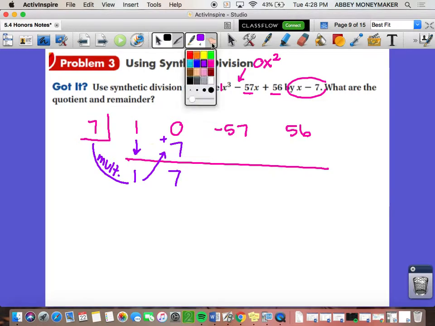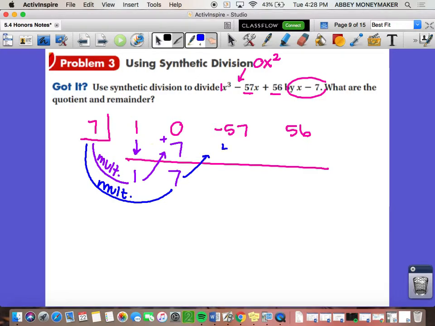And then again, I'm going to do the same thing. 7 times 7, again, we're going to multiply, gives me 49, and I add down, so that gives me -8. And then same thing again, I'm going to take the 7 and multiply it by the -8. That gives me -56, and I add down, that gives me 0.